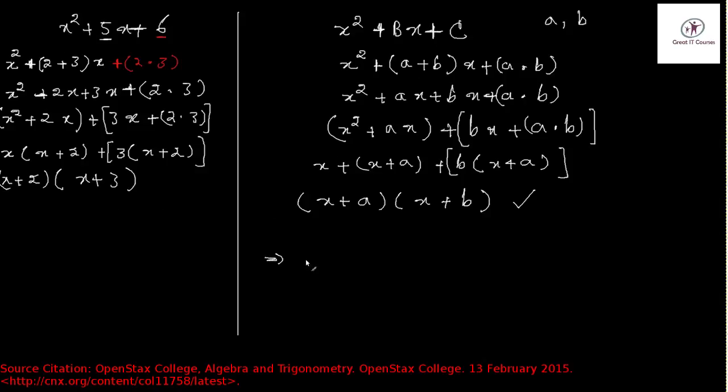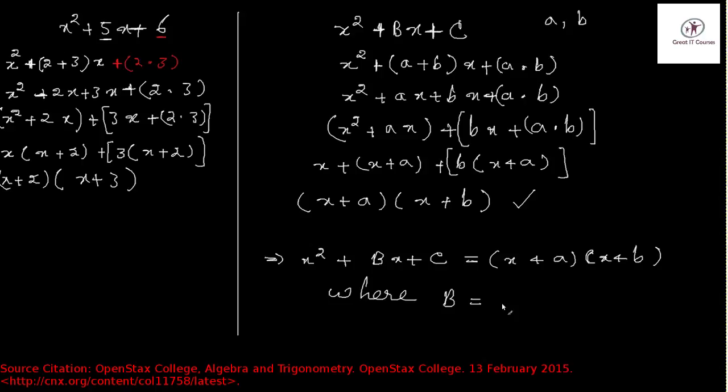So that basically means that x squared plus bx plus c is equal to x plus a into x plus b, where b is equal to a plus b and c is equal to a into b. And that is the general form of factoring a trinomial with a leading coefficient of 1.